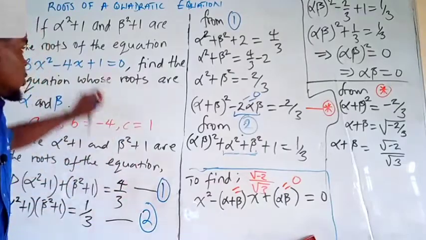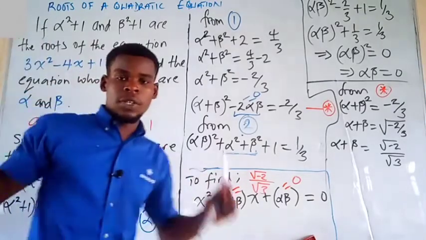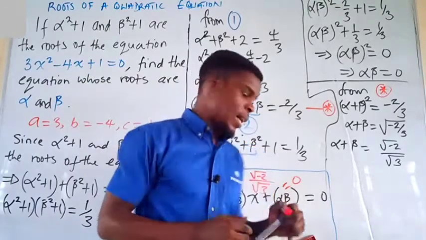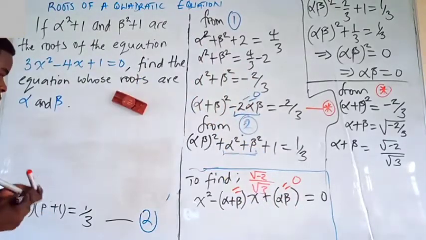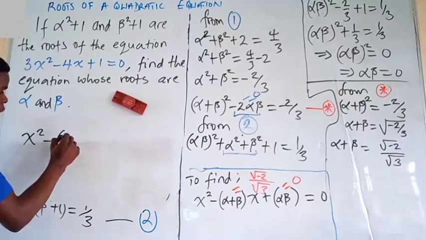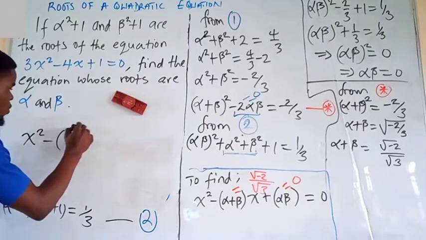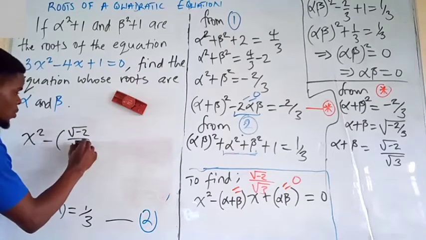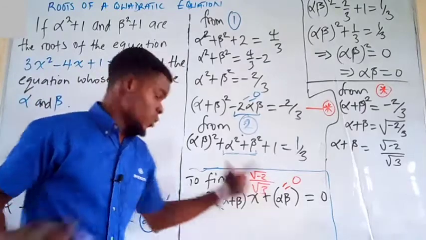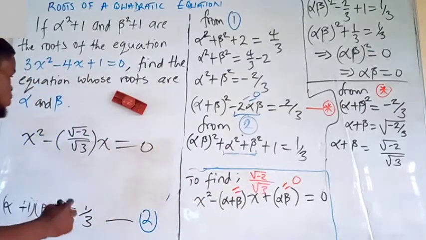Okay, I'll clean a little part of this board and give us the equation we were to find. Now we are going to have x squared minus alpha plus beta, which is the square root of negative 2 over square root of 3, times x, plus alpha times beta, which is 0, so there is no point writing it.